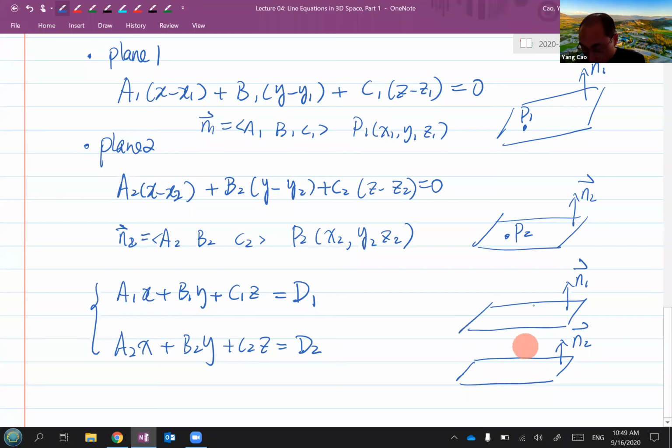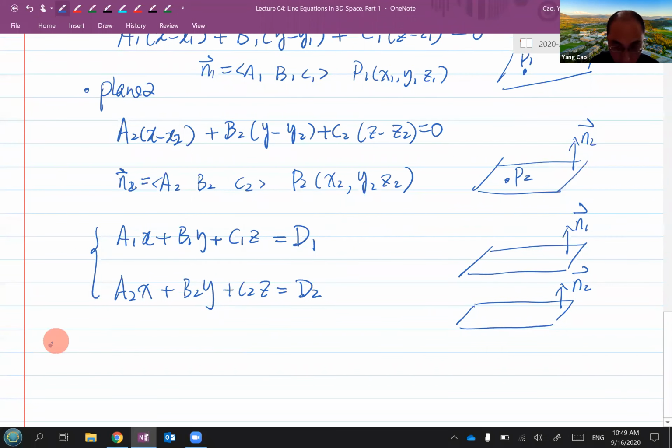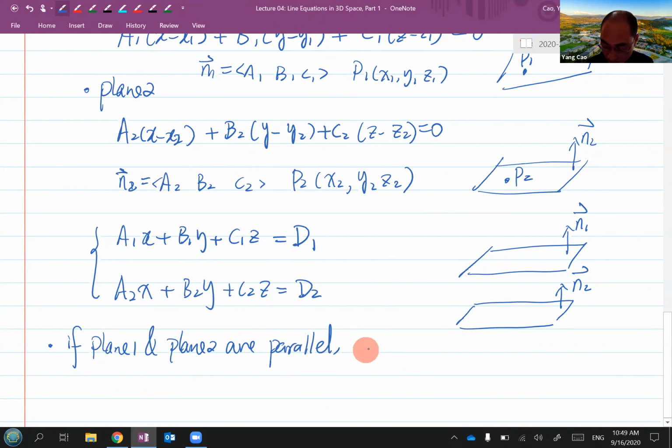So if these two planes are parallel, then N1 must be parallel to N2.